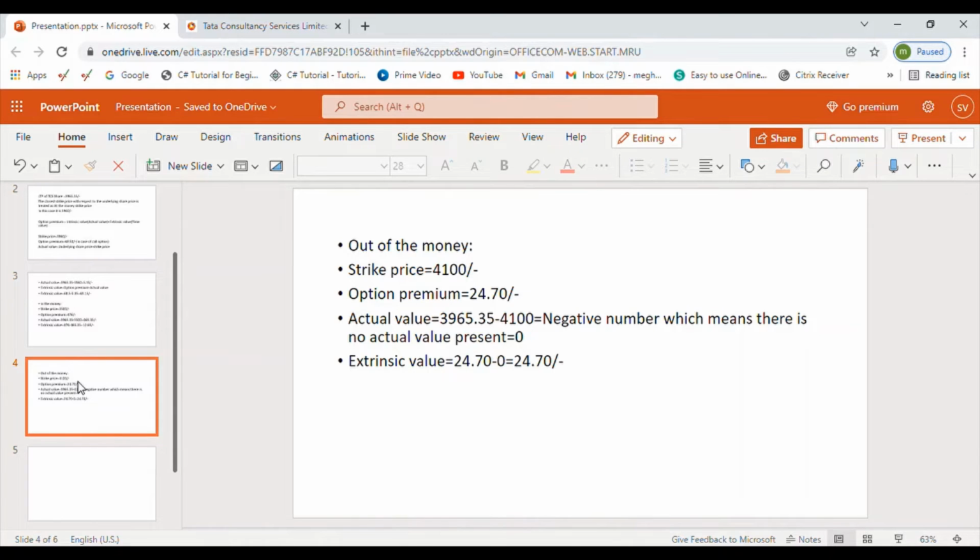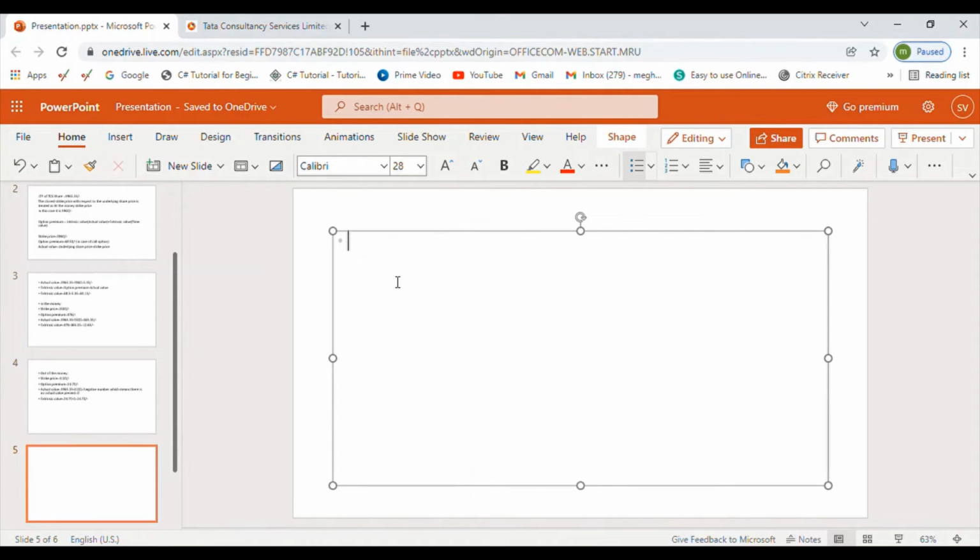Now we'll come back to our actual chapter, which is put options. Yesterday we were discussing call options, where there is a buyer for the call option and a seller for the call option. In a similar way, in put options as well, there is a buyer and a seller, but it is completely opposite to call options.